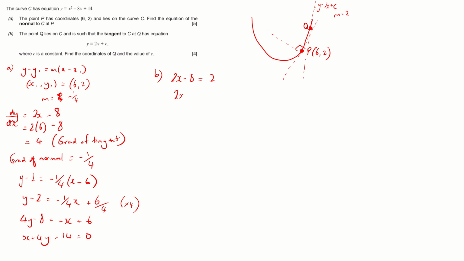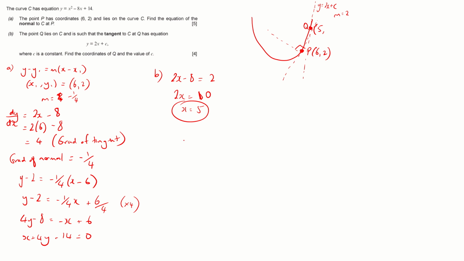Then I can rearrange this, giving 2x equals 10 and x equals 5. That means that the x coordinate at point Q is 5. So you're using the fact that you know the gradient of the tangent to put it equal to the expression of the gradient, to rearrange to give you your x coordinate at that point.